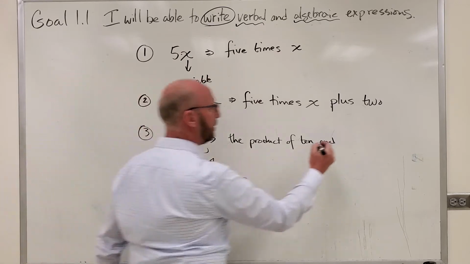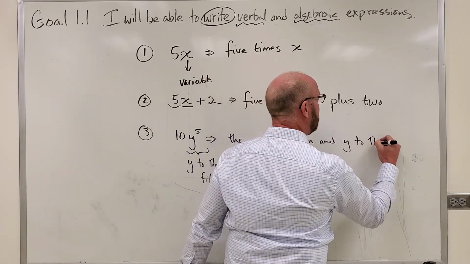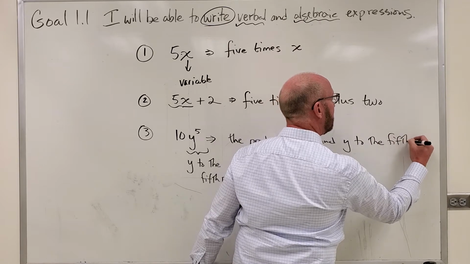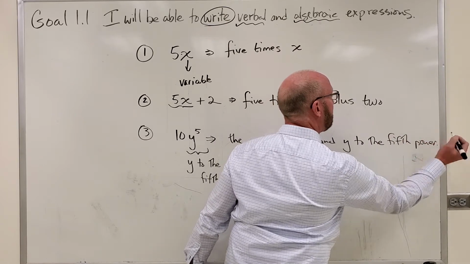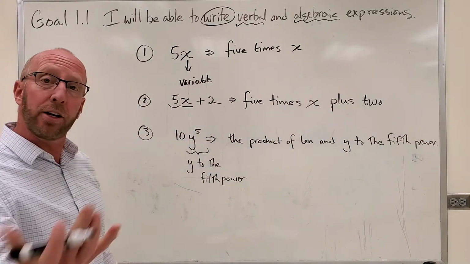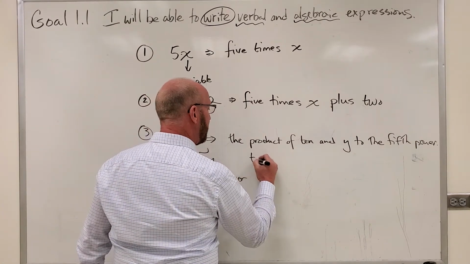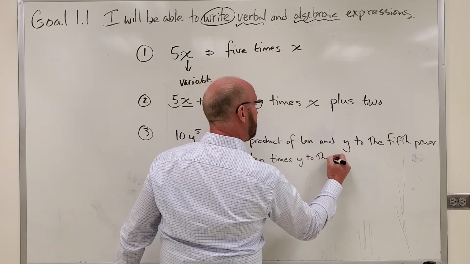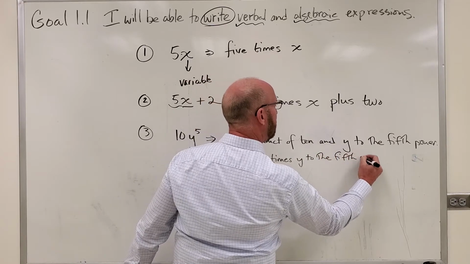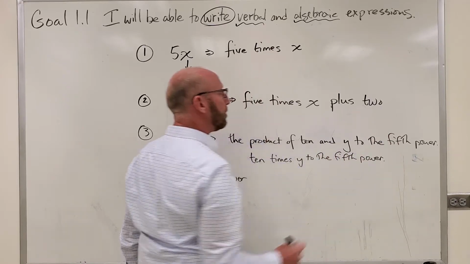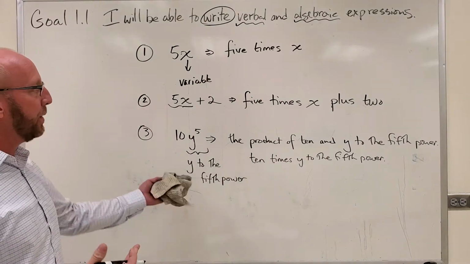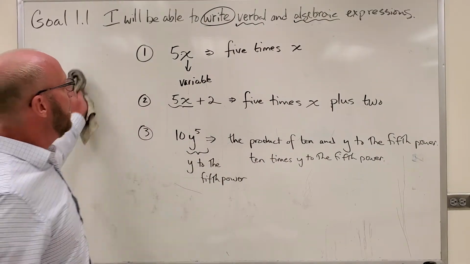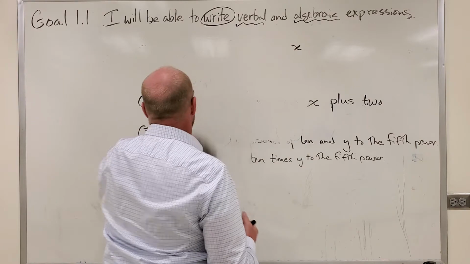Y to the 5th power. That's one way to write it. I could also write it my original way. 10 times y to the 5th power. So either way is acceptable. Again, there's many ways to write it in English possibly. All right, let's try a 4th example.